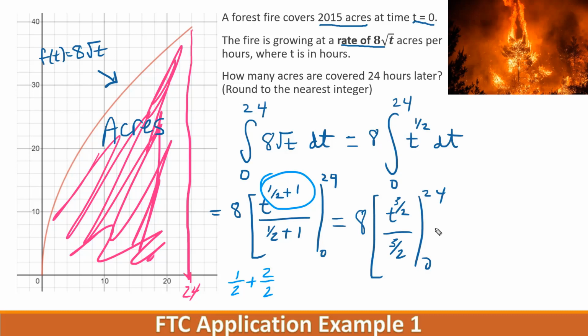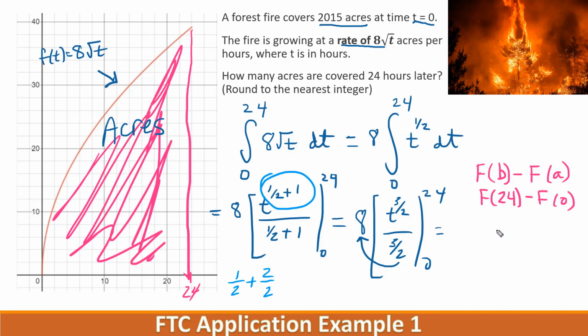All right, and now from here, you just simply pick up your calculator and plug everything in. There are things that you could do. You could move this up here and make it 16 over 3, but I leave that up to you. Some of you will just pick up your calculator. But remember what you're doing. You're doing f of b minus f of a. And so in this example, you're doing f of 24 minus f of 0.